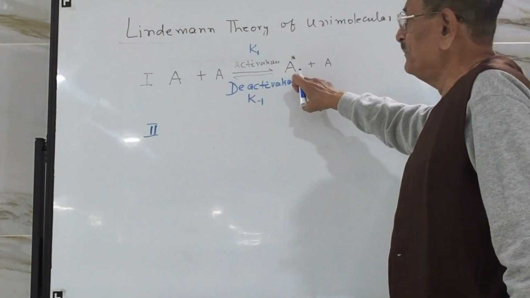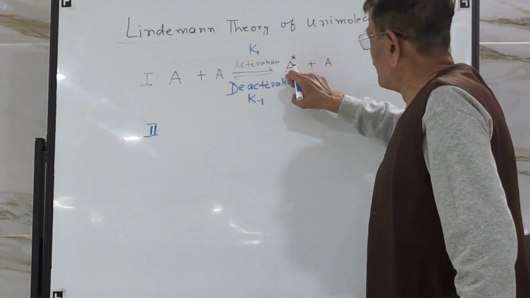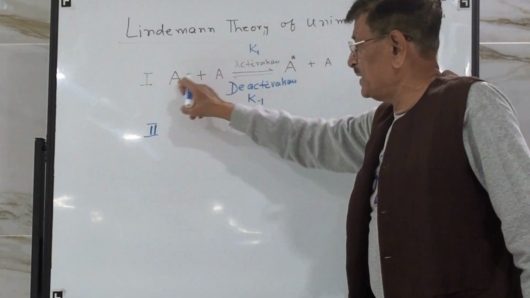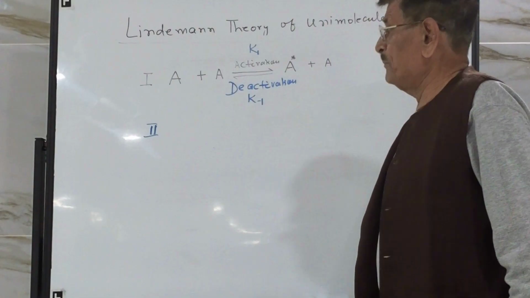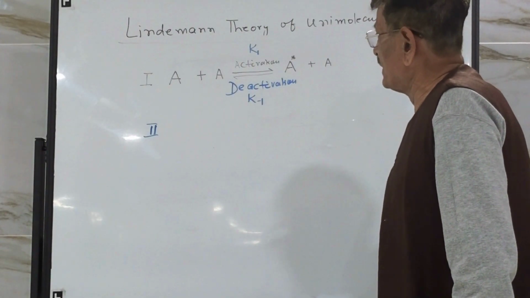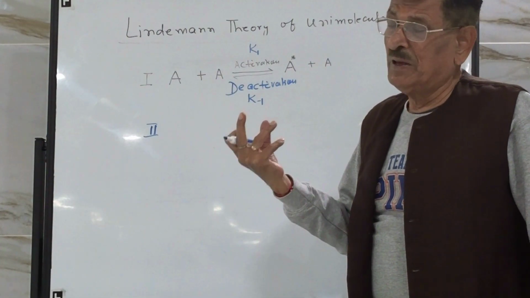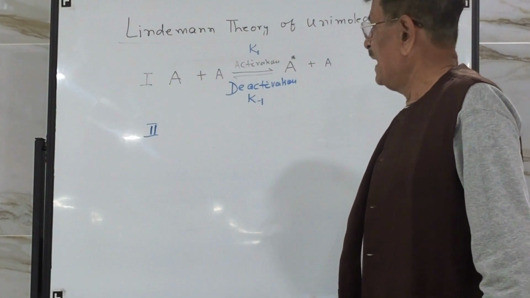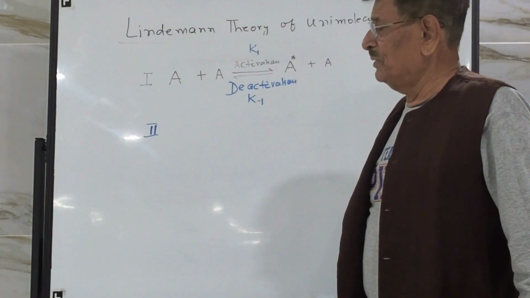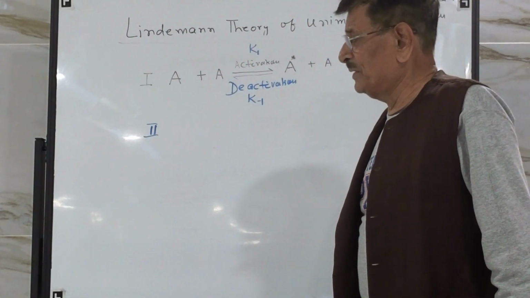this A star may collide with an energy poor molecule to become deactivated, or an activated molecule may be fortunate enough to survive the time lag, and then that molecule may convert into the product.